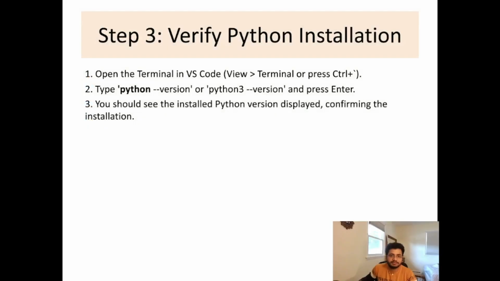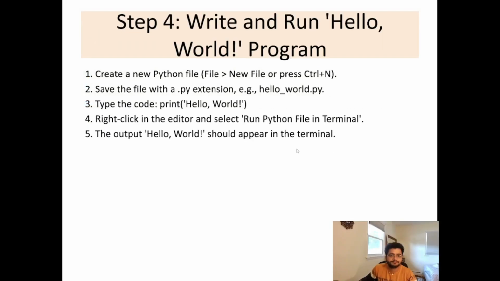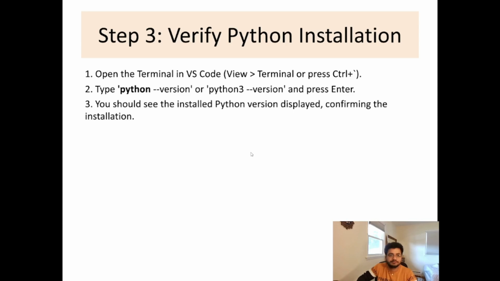Let me go back to my slides. So for the verification of Python installation, we have to open the terminal in VS Code. It's already opened up. If you don't have it opened, you just go to terminal, new terminal.